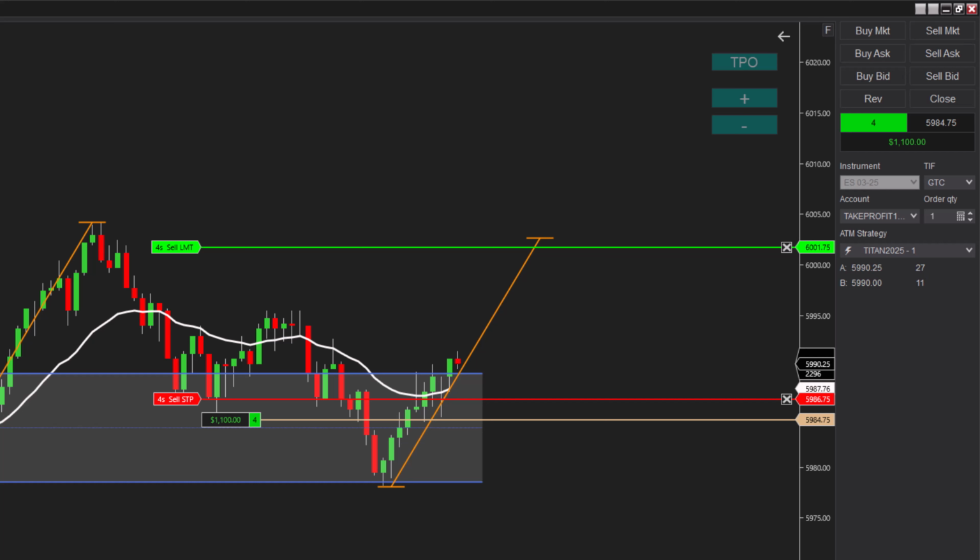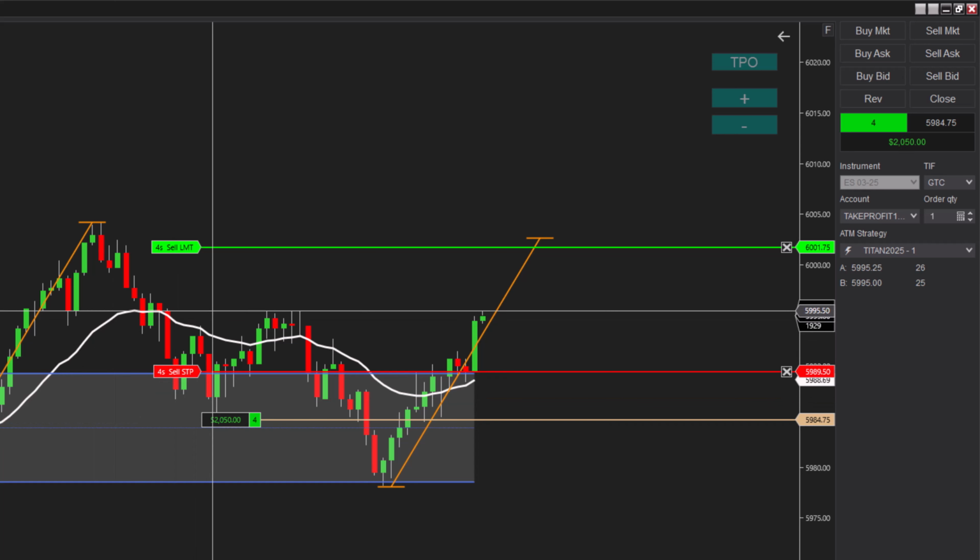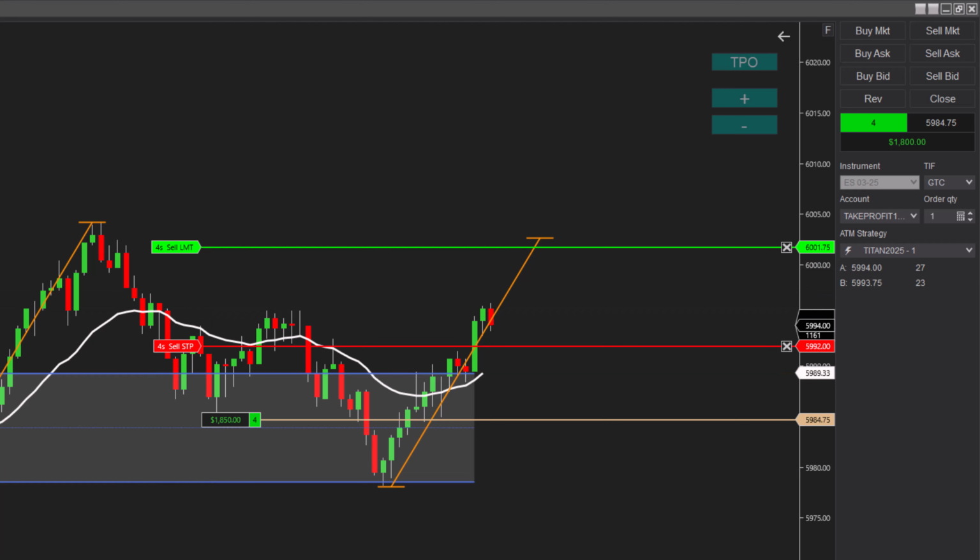Give some space here. I moved my stop up some more, just to lock in a little bit more profit.